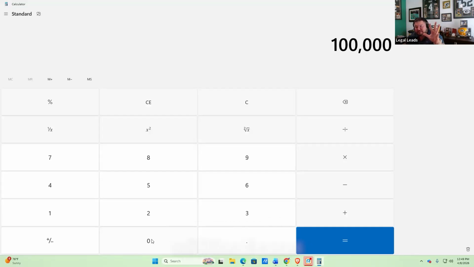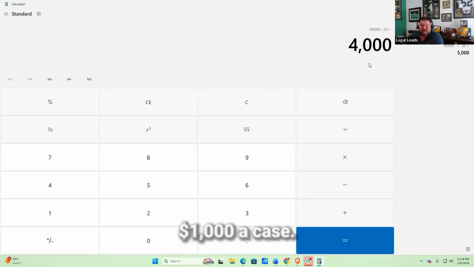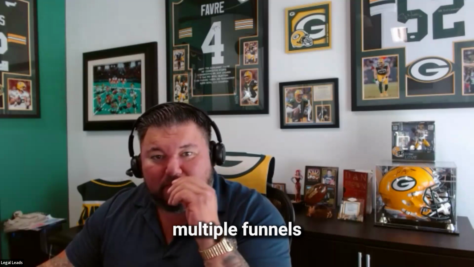Now you got 5 additional cases that didn't cost you any money. So that $100,000 for 20 cases, you divide that by 25, you dropped your cost per acquisition by over $1,000 a case. This is why it is so important to have multiple funnels rather than just paid ads.